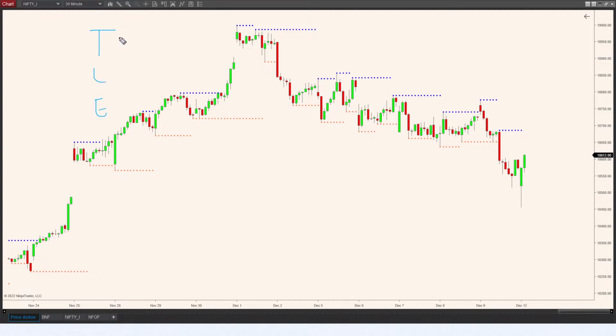Identifying the trend, identifying the locations where we can get into the trade, the locations which offer us less risk and bigger rewards, and then comes the entry and exit situations. For that we will be utilizing the Bookmap chart, using different indicators and different tools offered by Bookmap.